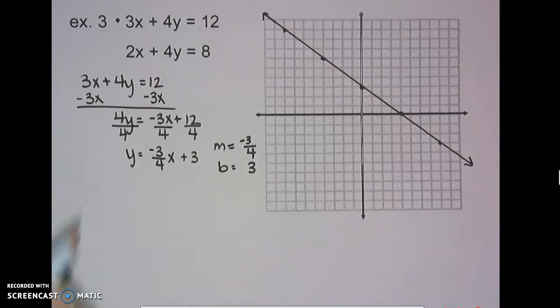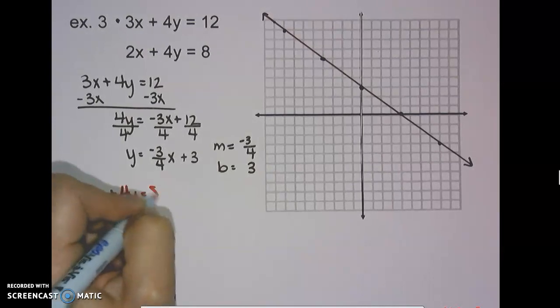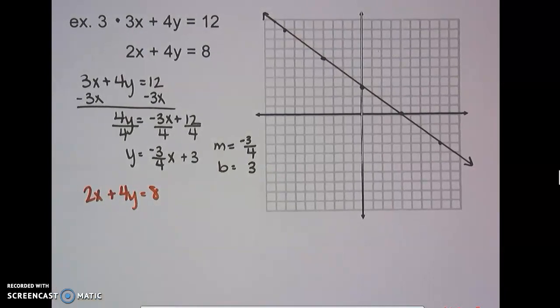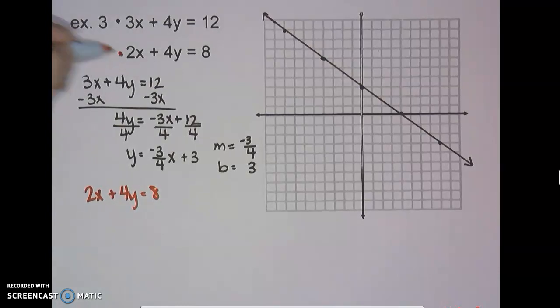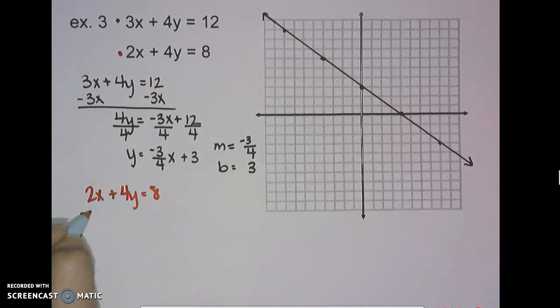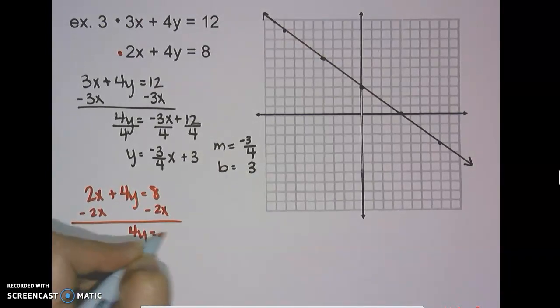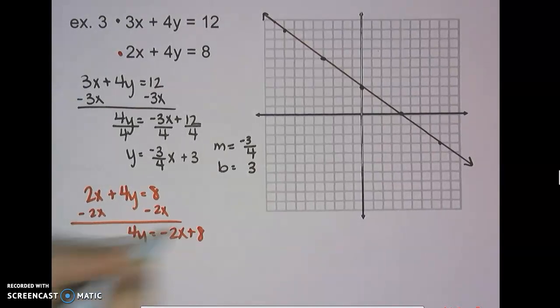Okay. Those same steps are going to happen again. And you only have to do these steps if y isn't by itself. So if you have one that's by itself, you don't have to do anything to it. You're able to just find the m and the b and plot them. So now we're going to have to subtract 2 x's from both sides. So that means 4y equals negative 2x plus 8.